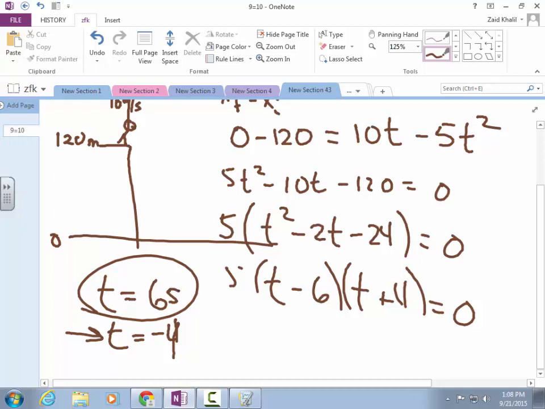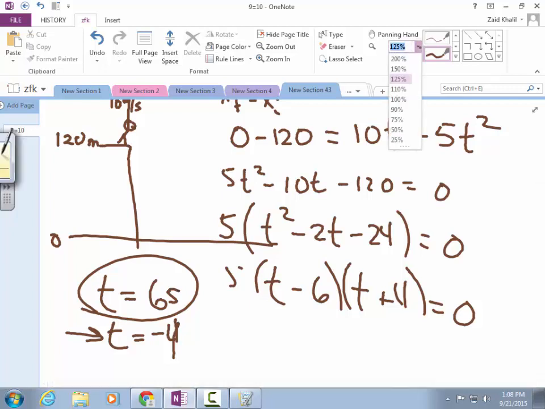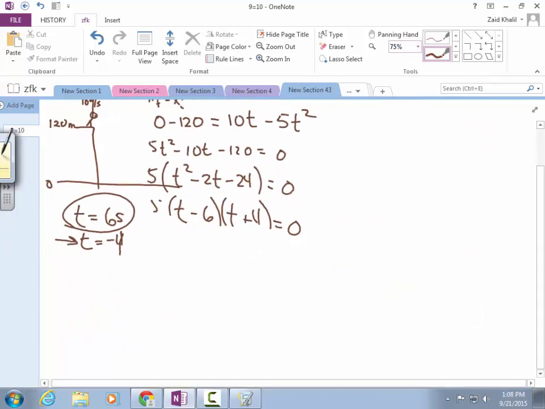All right. So we have the time. Now that we have the time, we can find other things. What else do you want me to find, Khalil? You want me to find the speed just before it hits. How do I find the speed? I can use the definition of acceleration or a rearrangement. In other words, VF equals VI minus gt.